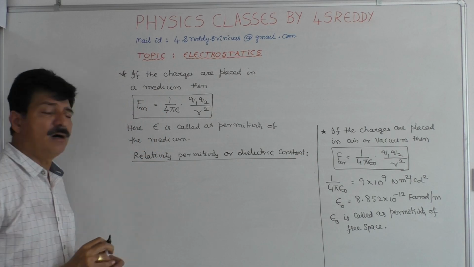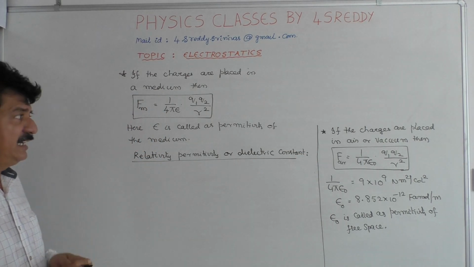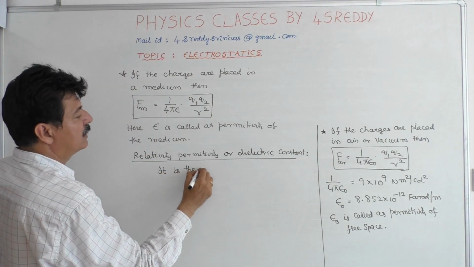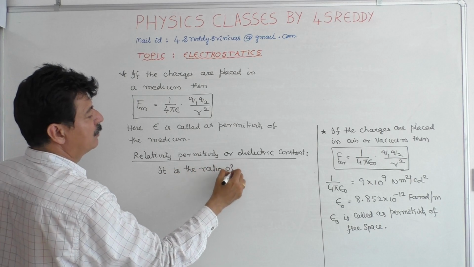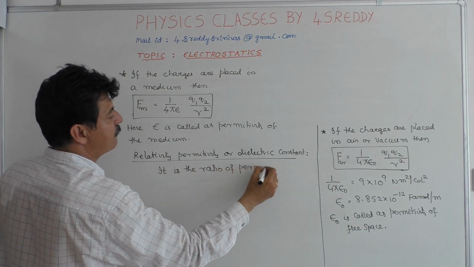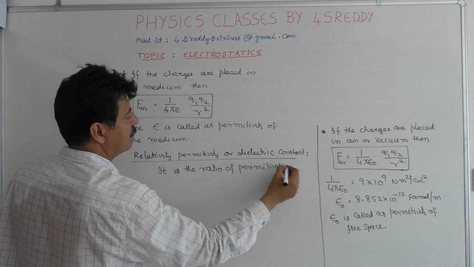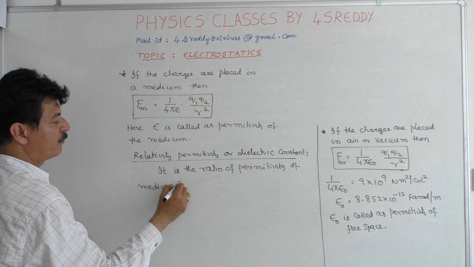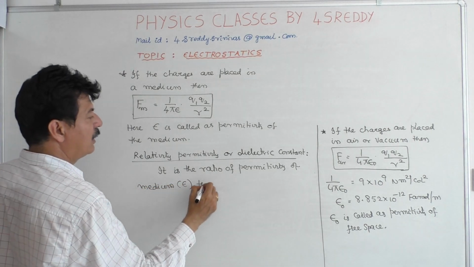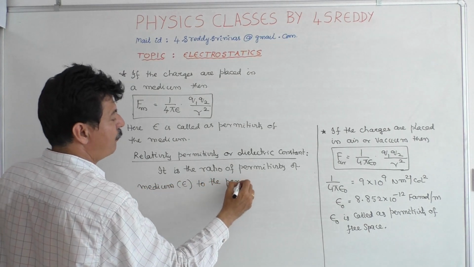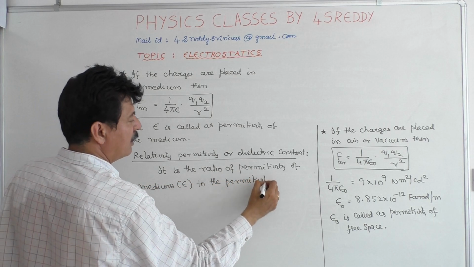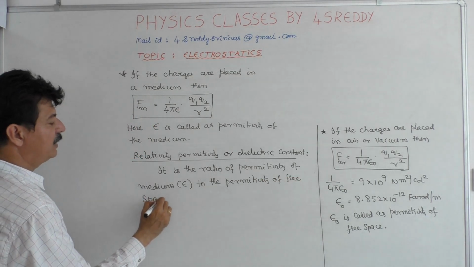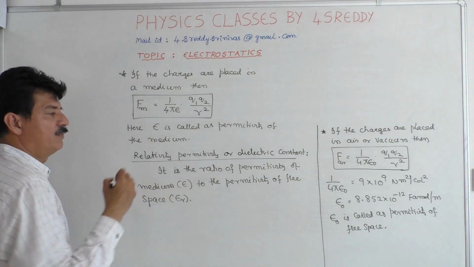Relative permittivity or dielectric constant is the ratio of the permittivity of the medium, epsilon, to the permittivity of free space, epsilon naught.